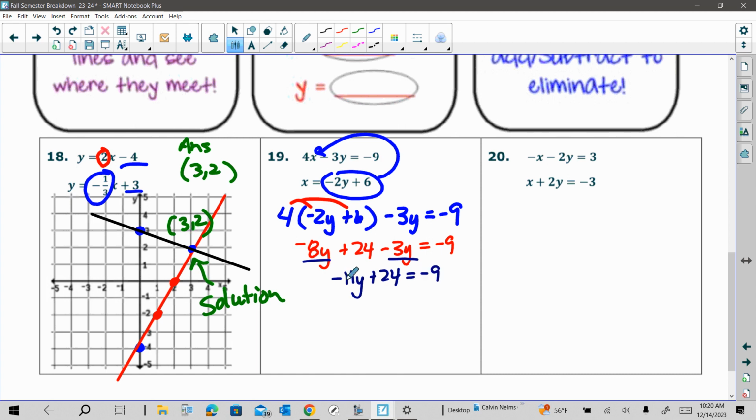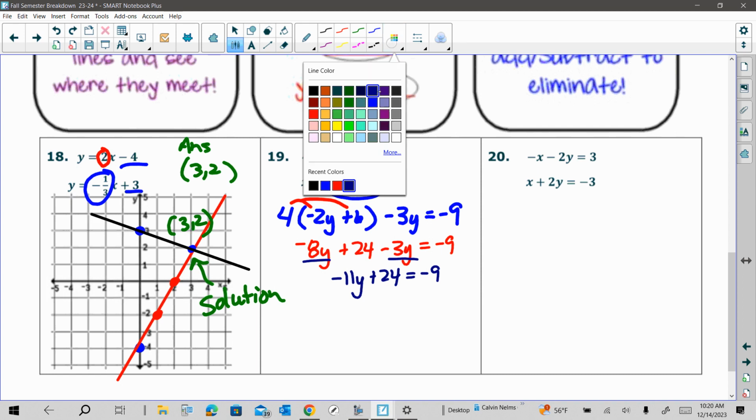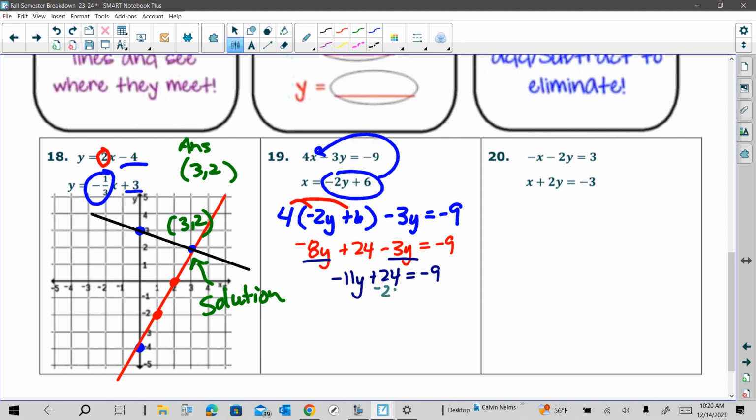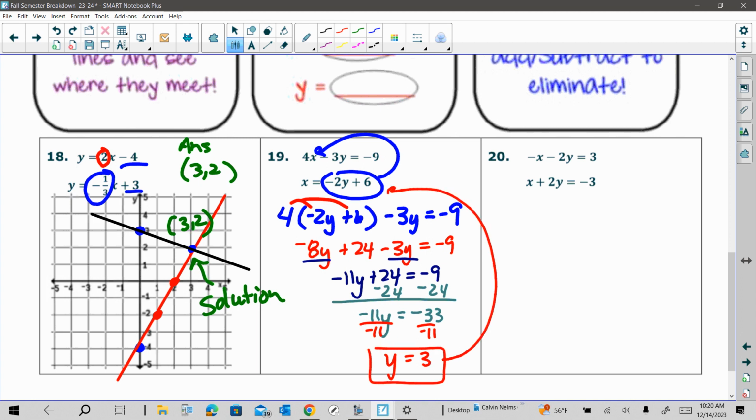We're going to isolate the -11y, doing the inverse here. So my -11y is going to equal -33. Divide by -11. Our y is 3. Once we have the y, we have to plug it back in and get the x.